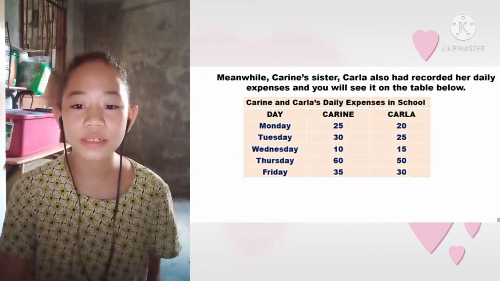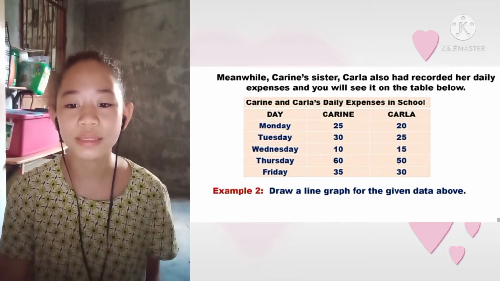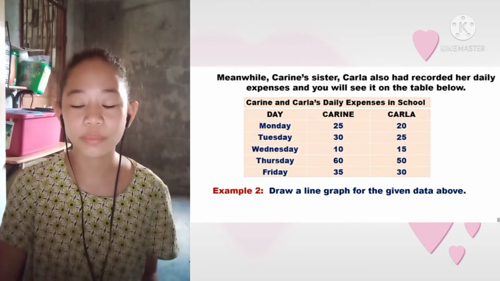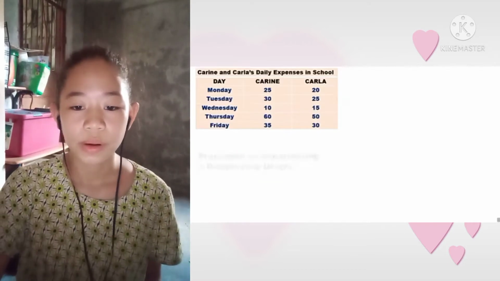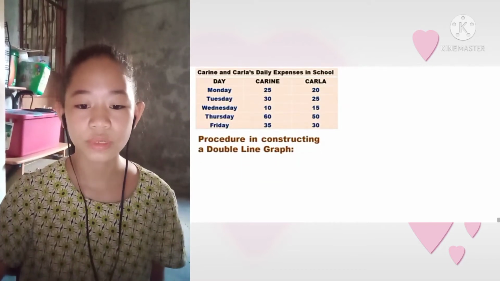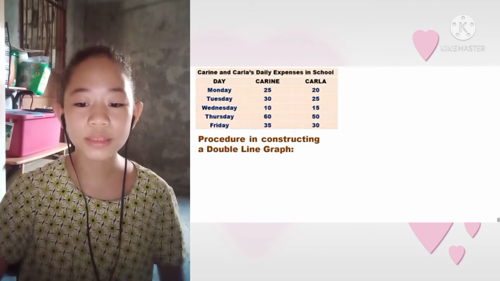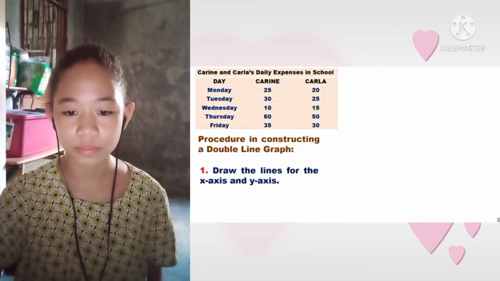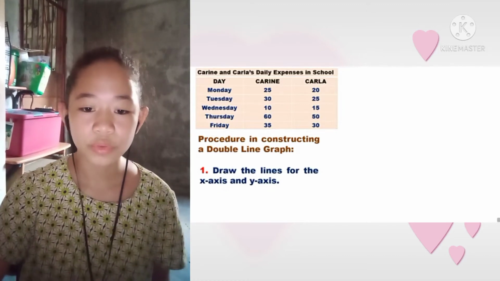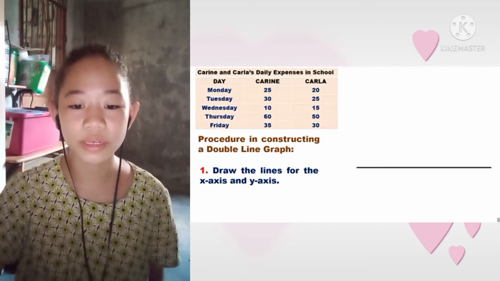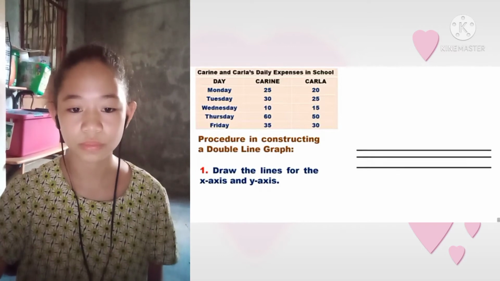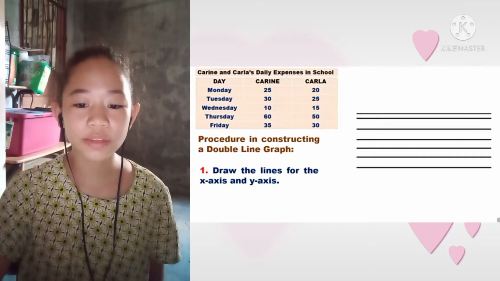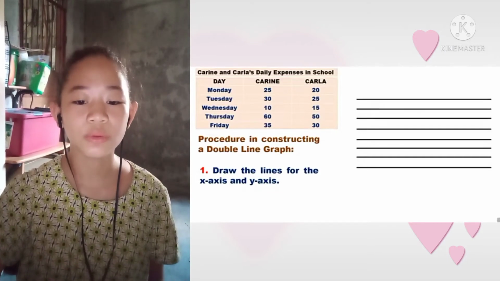Corinne's sister Carla also recorded her daily expenses, and you will see it on the table below. Task 2. Draw a line segment for the given data above. Here are the instructions in constructing a double line graph. Draw the line for the x-axis and y-axis.